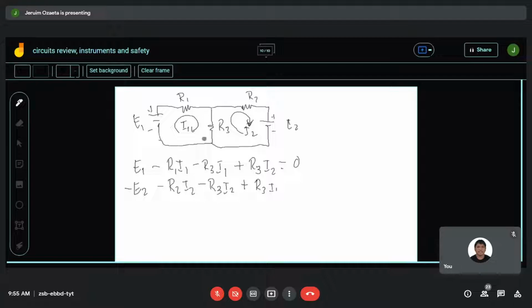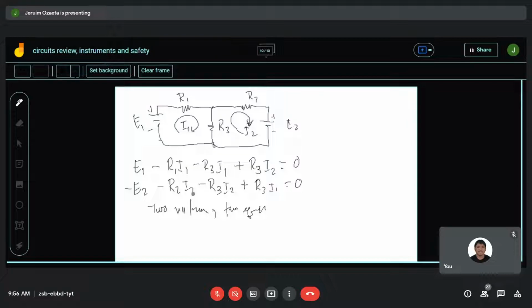And it encounters a positive increase in potential due to I sub 1 at R sub 3. You have two unknowns, two equations, so you get I sub 1 and I sub 2. If you get I sub 1 and I sub 2, you will get the currents at the individual resistors.